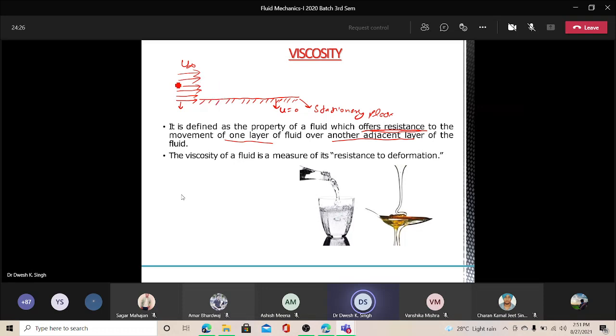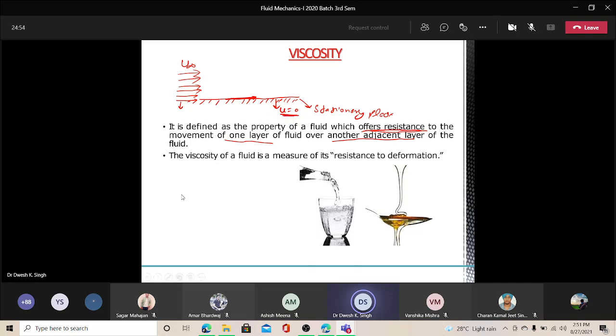Now what happens due to this property of viscosity, the fluid which comes just in the vicinity of this plate will stop moving due to that characteristic, because it takes the velocity of this plate. And what is the velocity of that plate? It is zero.